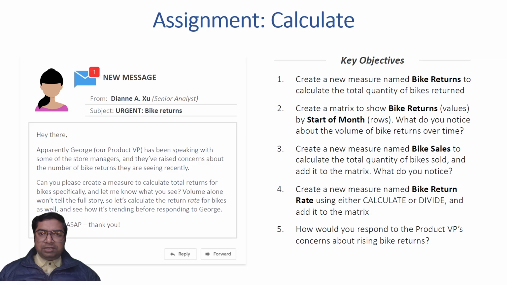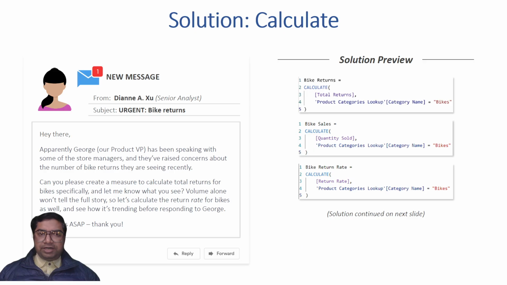Okay, before doing that, I'll show the solution I already did and give the result. Basically, I created three measures: bike returns, bike sales, and bike return rate. In the bike returns, I used calculate on total returns and filtered only the bike.